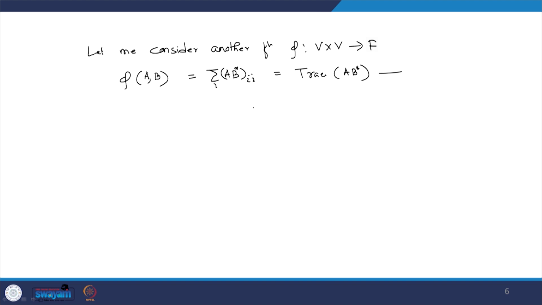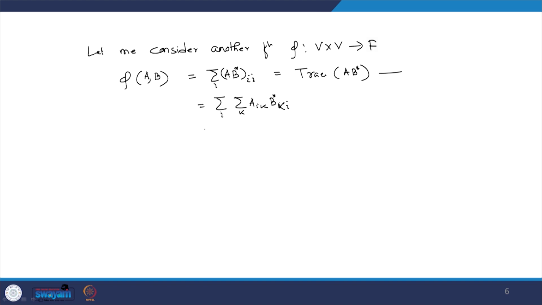So, we see that this is equal to sigma over i, and this is again sigma a_ik and b star_ki, over k equal to 1 to n.